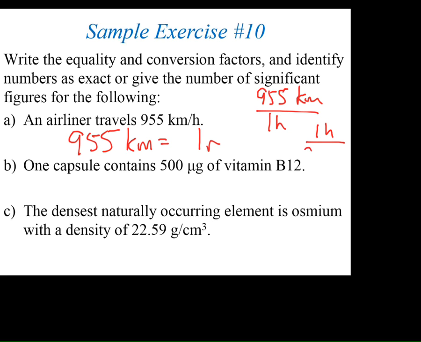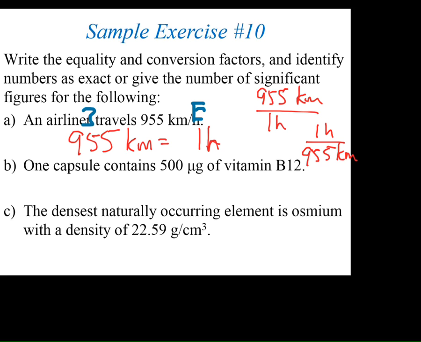Sorry, that should be 1 H. Okay, so the question is, is that an exact conversion or is that inexact? Yes, it's definitely been measured, right? It was the measured speed of an airliner. So that's not exact, so how many sig figs would I have? Okay, yes, 3 sig figs. How about over here on the 1? Yeah, the 1's always exact, yes.